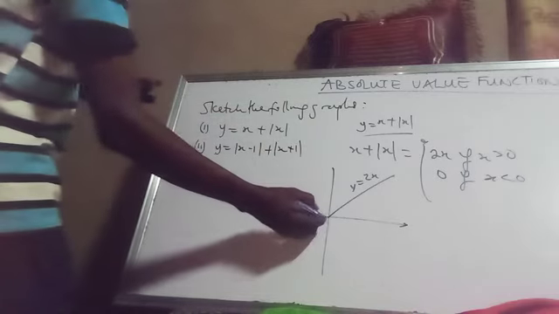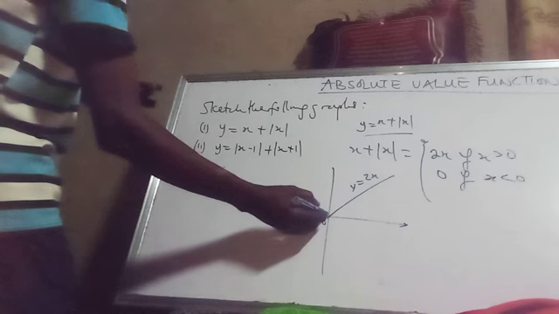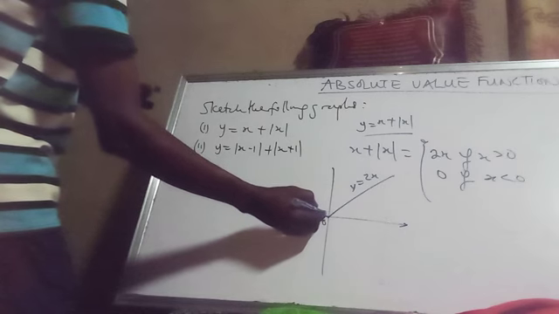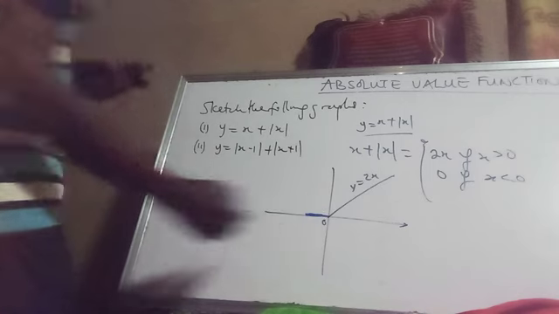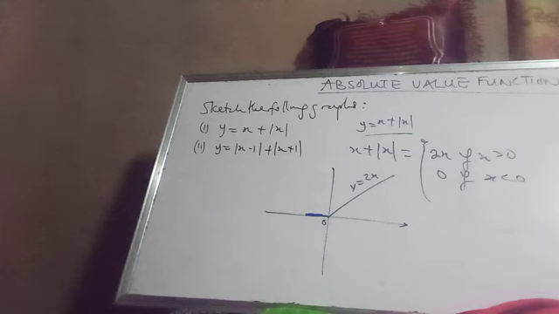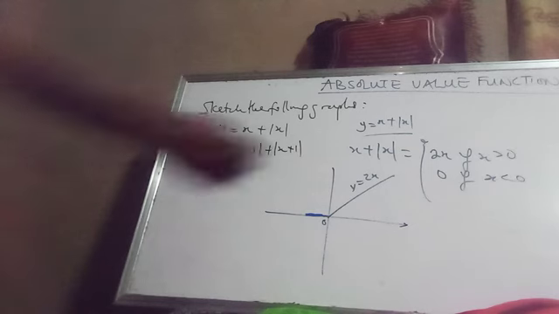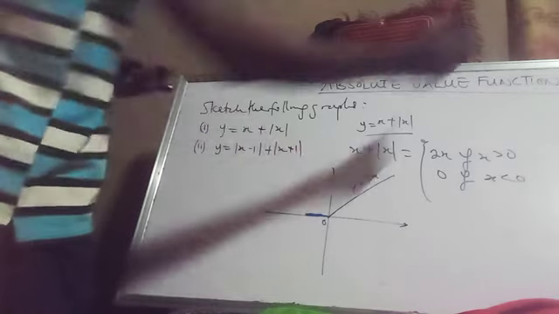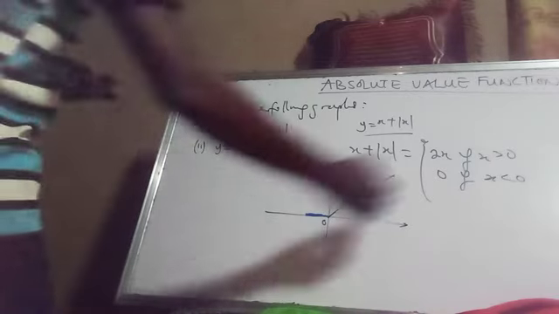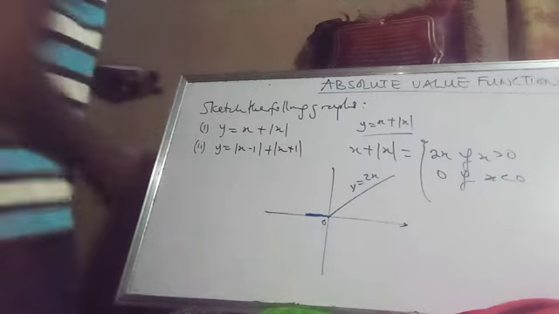So y is on the zero axis, the origin of the graph. So our 0 is there. The other one is 2x. So we have shown that the 0 will be on the 0 axis.